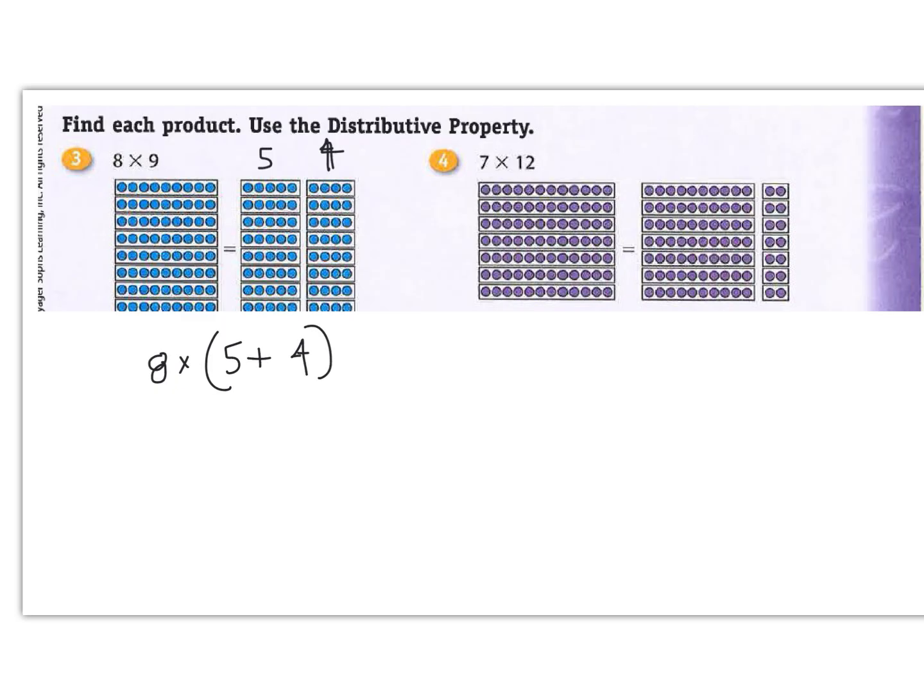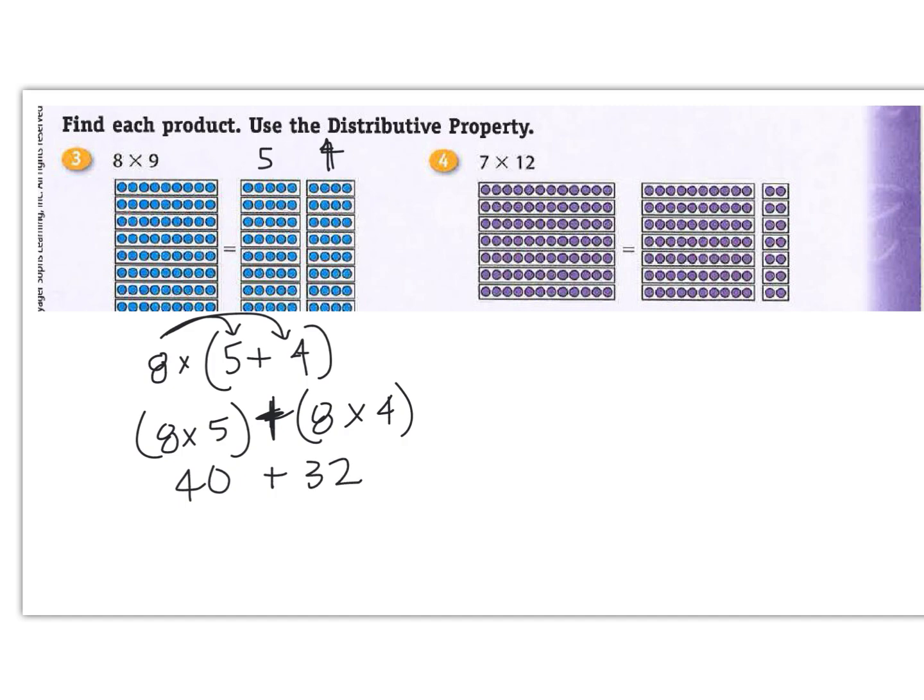So then if we do the distributive property, we're going to go 8 times 5 first, plus then 8 times 4. We have to do what's in parentheses first, and then we will add them. So 8 times 5 is 40, plus 8 times 4 is 32. So 40 plus 32 equals 72. So 8 times 9 equals 72.